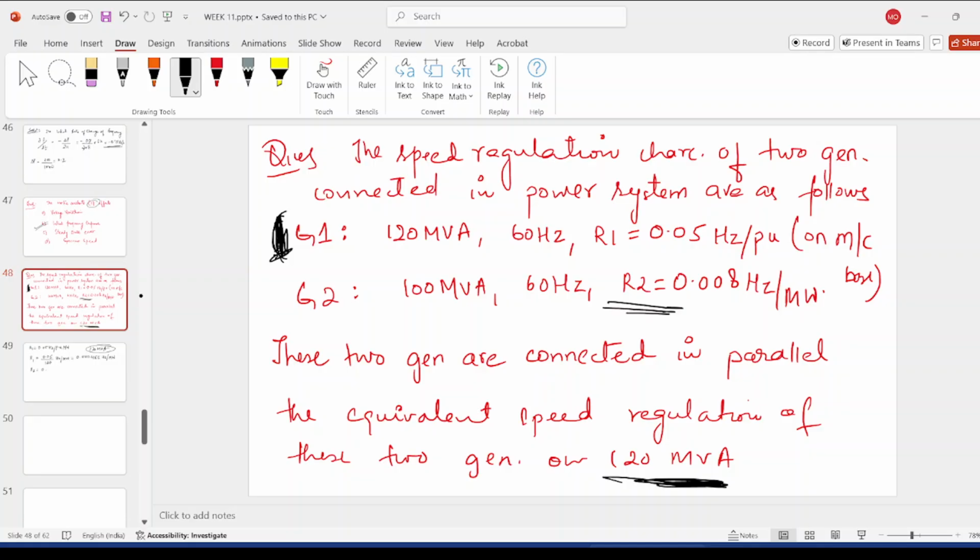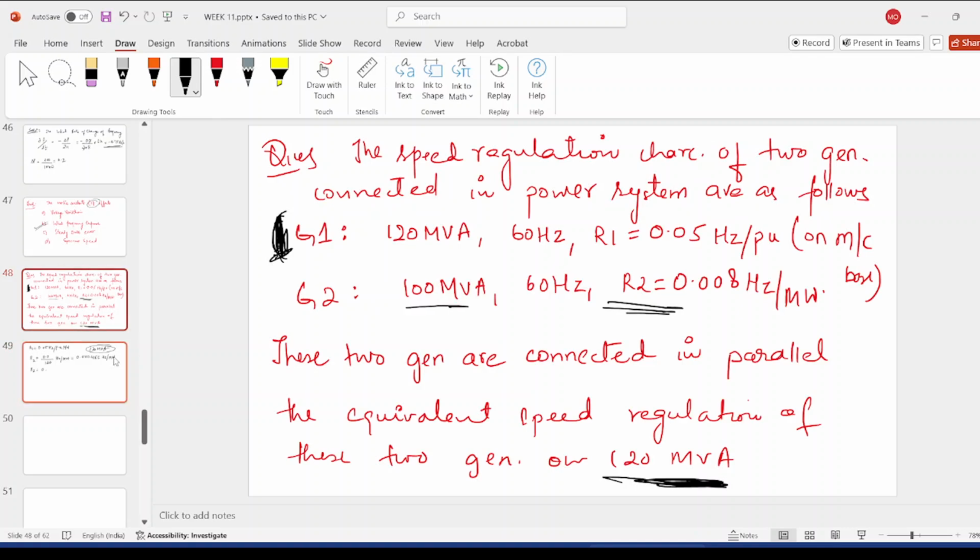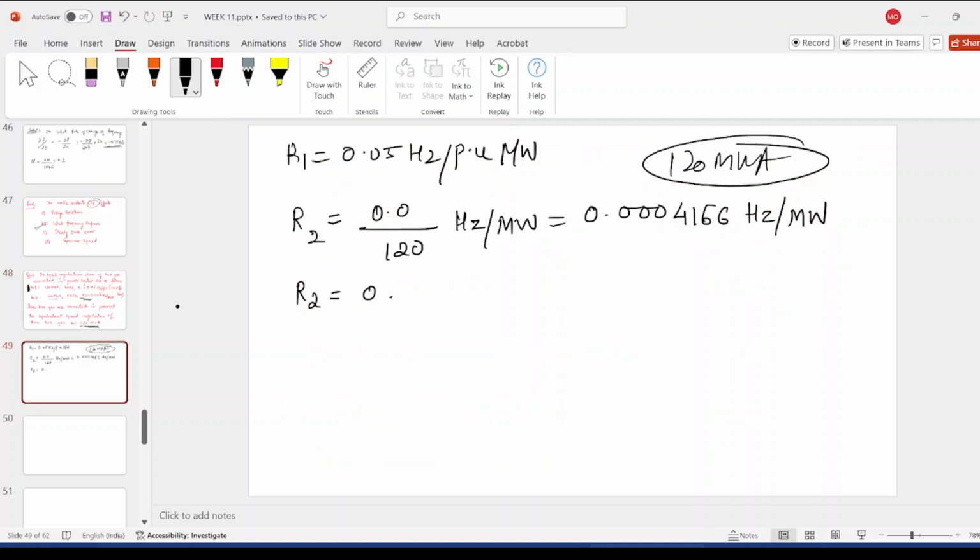There is some confusion there. Yes, R1 is on 120, so R1 will remain the same. This value has to be changed. This is R2 and its value is on the base 100, so its value will get changed: 0.008 divided by 120.